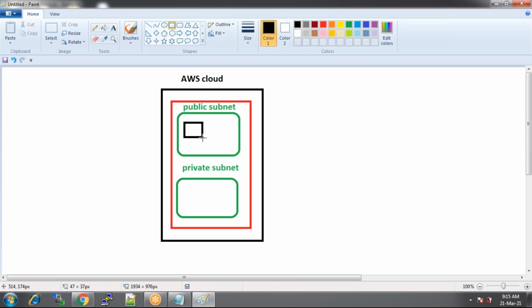Here we have instances plus applications, and this is a public web application. We have users who access the application over the internet. So our instances plus applications are running on the public subnet.